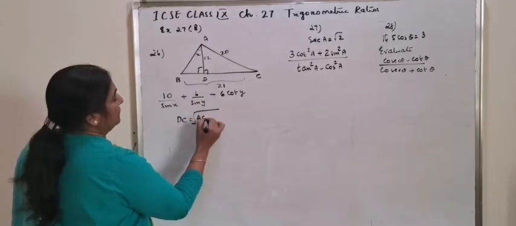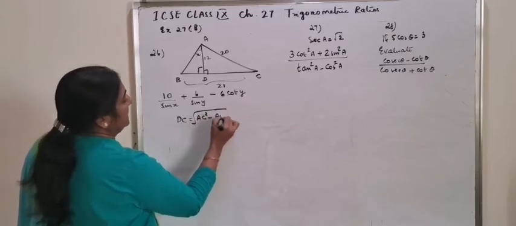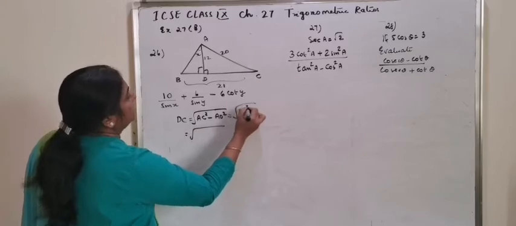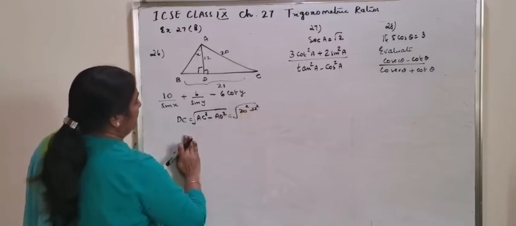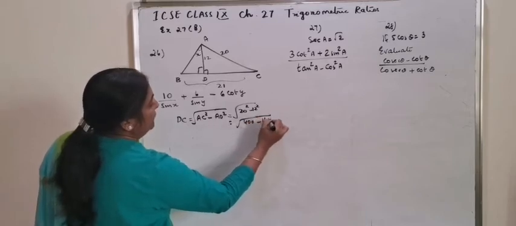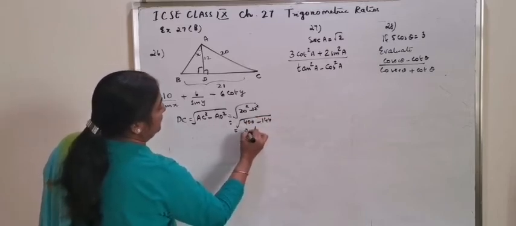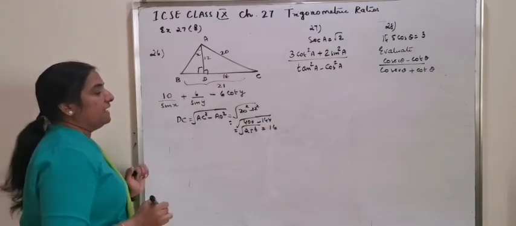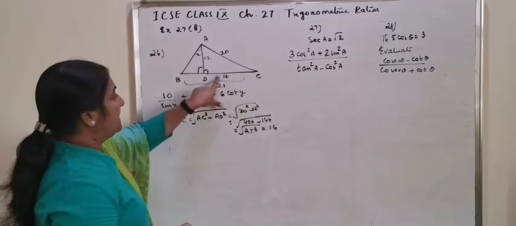DC is equal to square root of AC square minus AD square, which is equal to square root of 20 square minus 12 square, which is square root of 400 minus 144, it is 256, which is the same as 16. So the length of DC we obtained as 16.